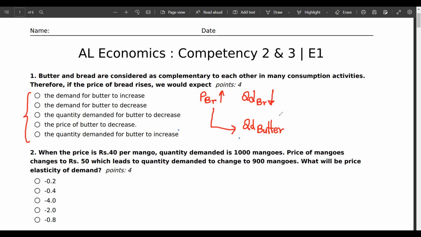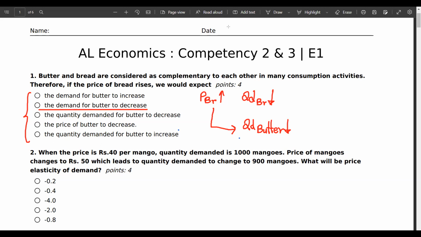If the price rise of bread leads to a quantity demanded drop in bread itself, butter is used with bread. So when people buy less of bread, that means they'll buy less of butter also. So whenever price of bread goes up, demand of butter would decrease. The answer is the second one.